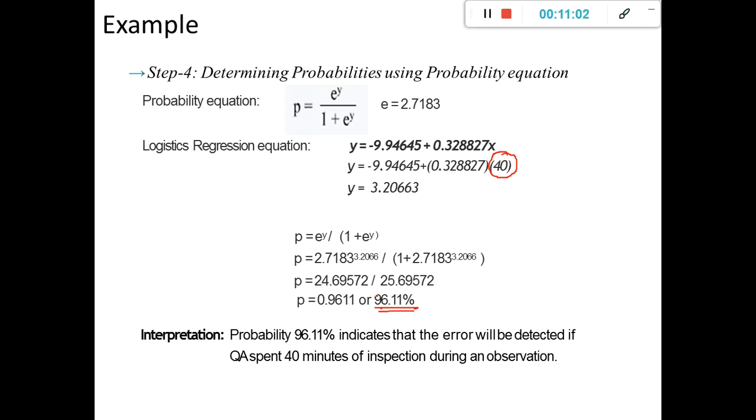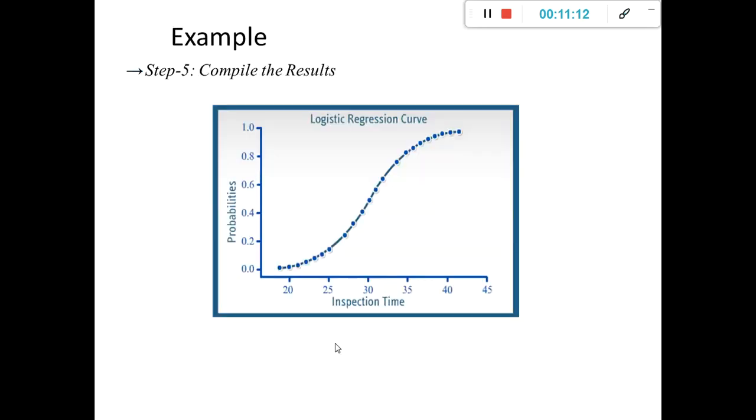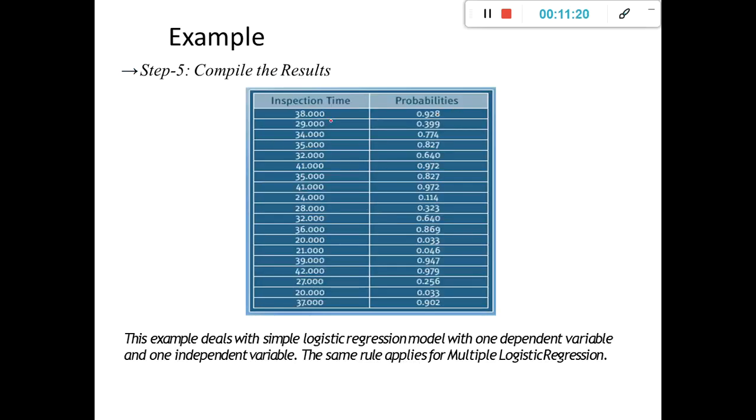And then we concluded that the probability of a quality assurance person spending 40 minutes of time to detect an error is around 96.11%. Right? And then when we plot all those probabilities, we get the logistic regression curve like this, and these are all the various probabilities for the inspection times which we have seen.